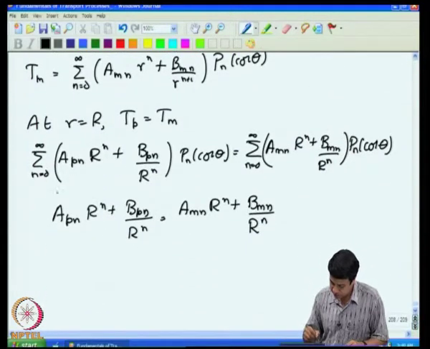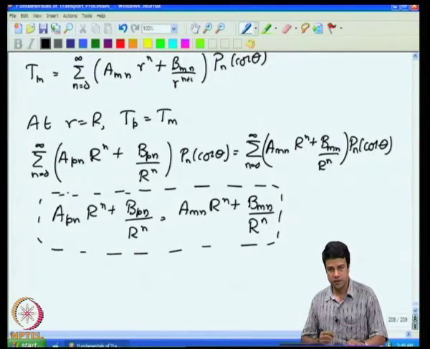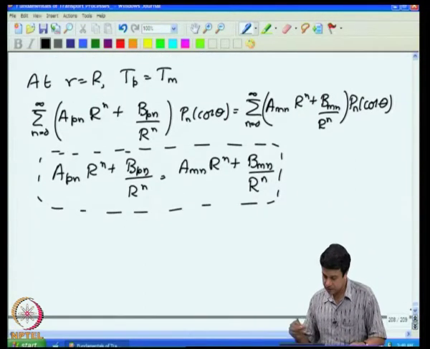So, this is one set of conditions from the temperature being equal at the bounding surface. In addition, the flux is also equal.